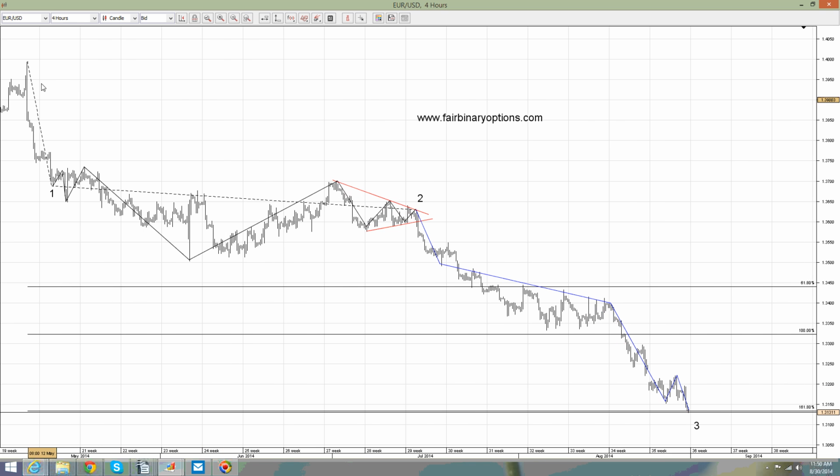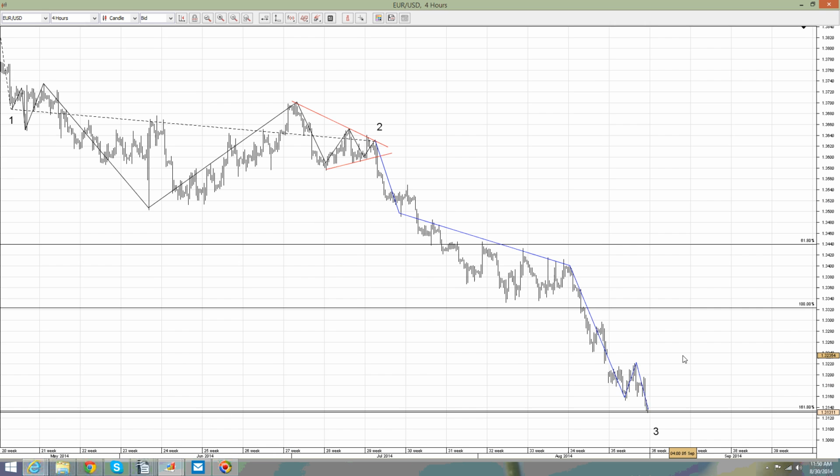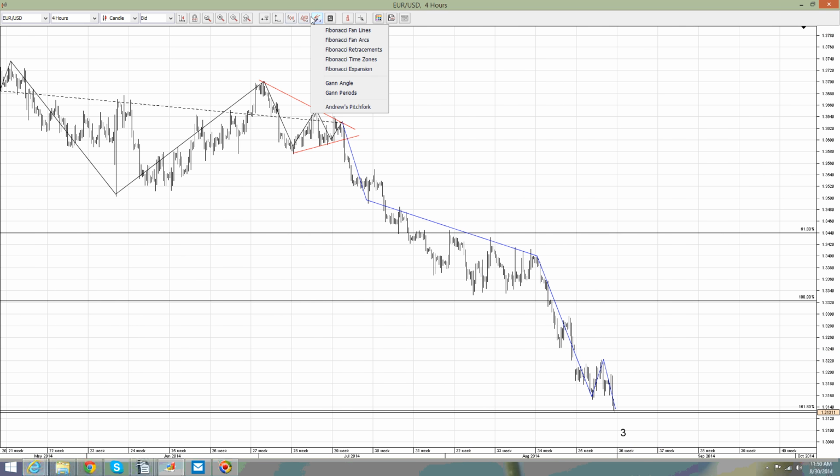The same should happen on the bigger degree here, with this being 1 and 2, and the third wave completed. It means that the fourth wave, so what should we expect heading into next week, is a bounce like this, or the fourth wave to be something like this, and like this, either a zigzag or a flat or a contracting triangle, but that's it. Only a simple correction, not a bigger correction.